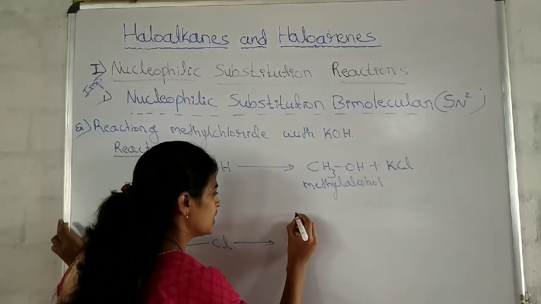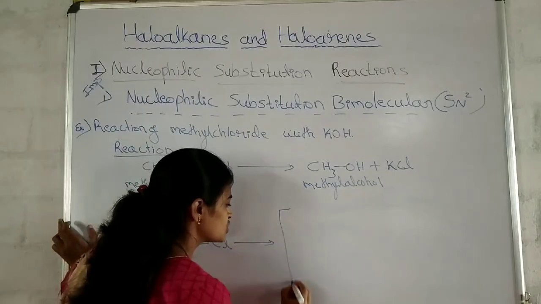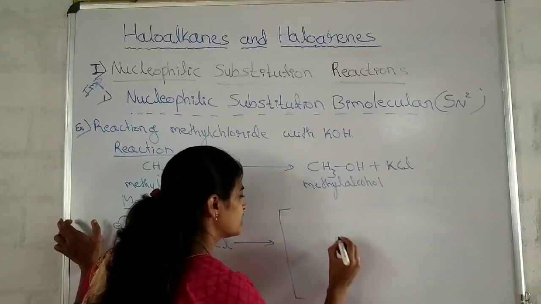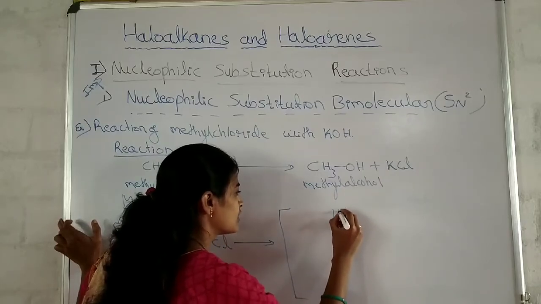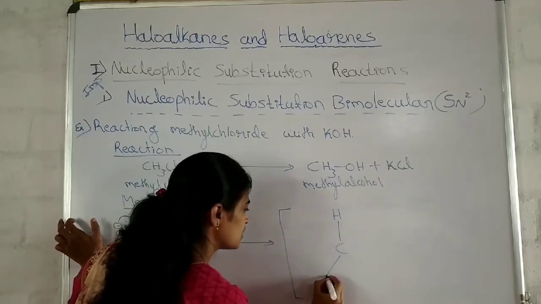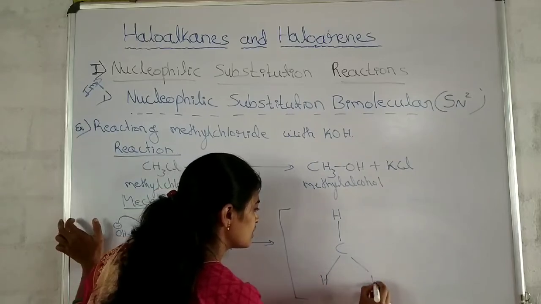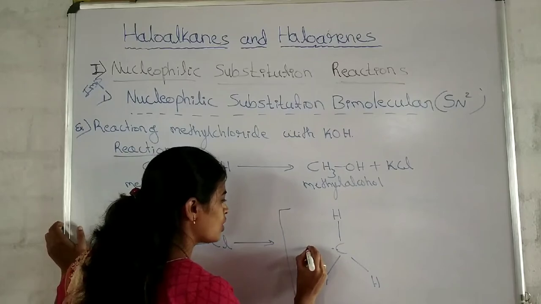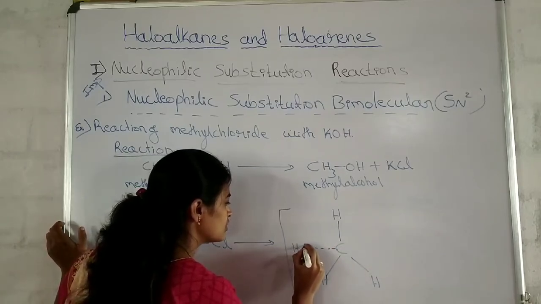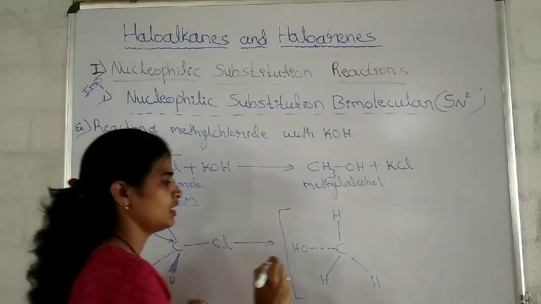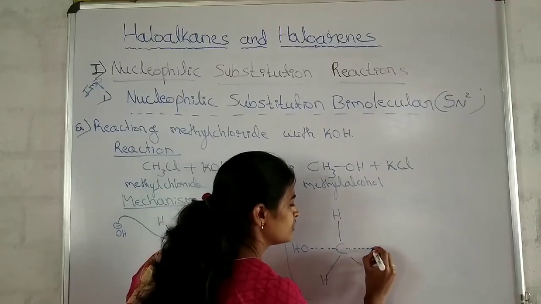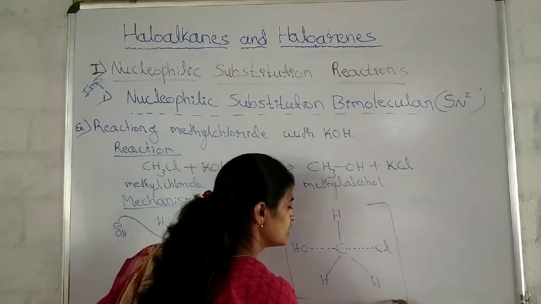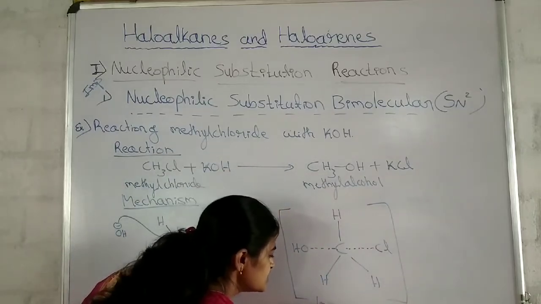So there will be a formation of a transition state. See, the central carbon atom with hydrogen, hydrogen, hydrogen; it has partially formed the bond with OH minus, and then the other bond weakens. This is an unstable transition state.